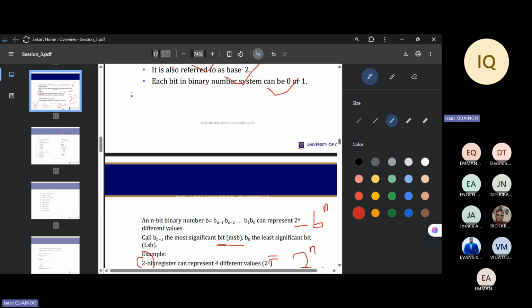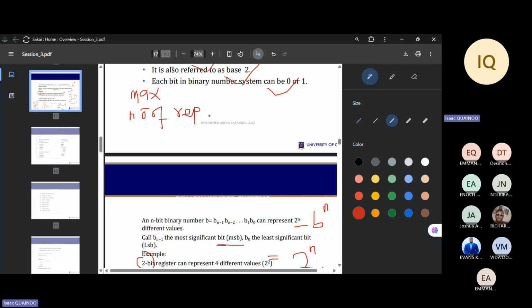Let us go and practice how to find the maximum number that can be represented within a particular number system, given a specific number of digits. Okay, and then let us also go and look at how to find the number of different representations that can be represented in that number system.